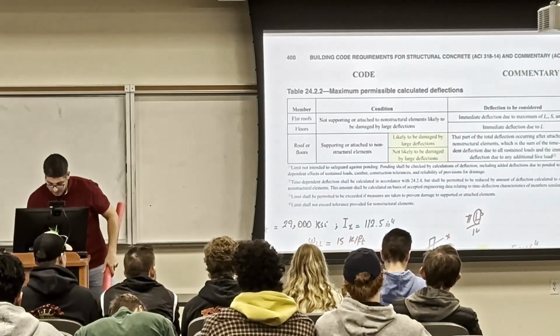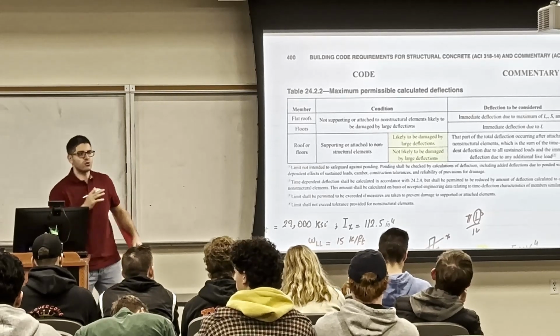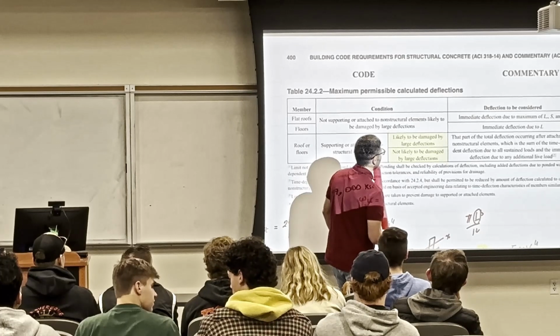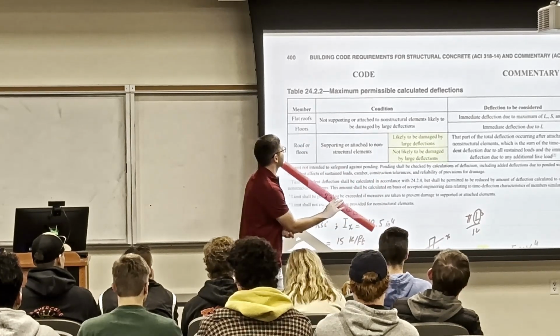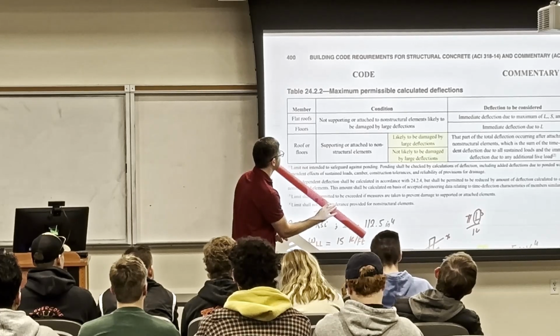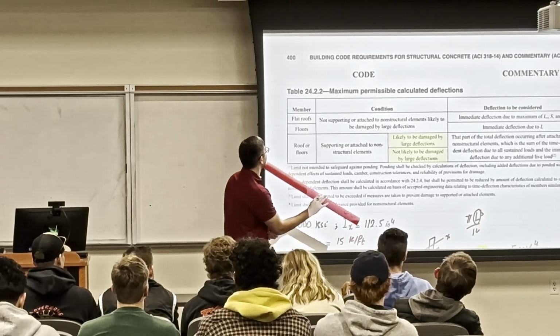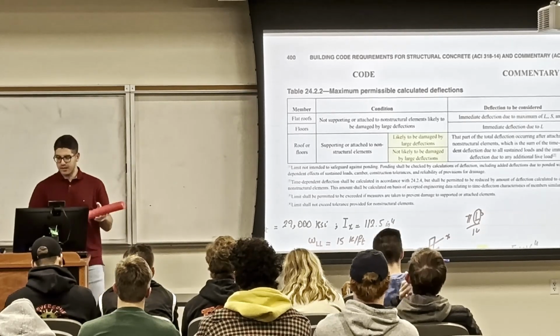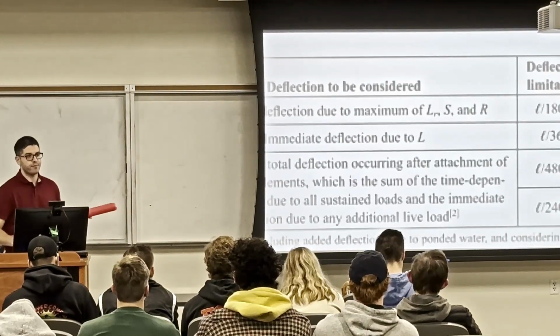It's just for you to know. I don't know if the cantilever is mentioned here, but for cantilever, perhaps there's another table for it. No, the cantilever is not here. But for cantilever, you have a very strict deflection limitation.